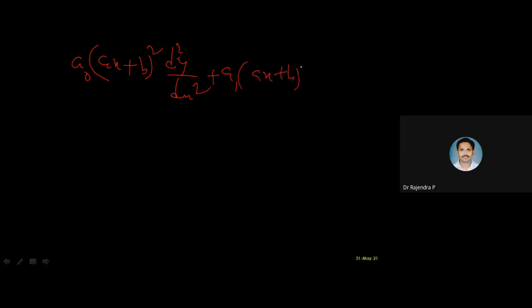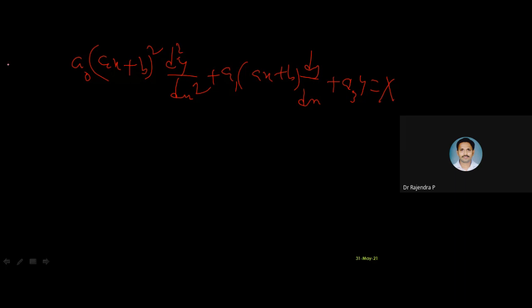Just try to take it only as second order. Maybe I can take constants as a naught, into ax plus b whole square into d square y by dx square plus a1 into ax plus b into dy by dx plus a2 y, which is equal to x.